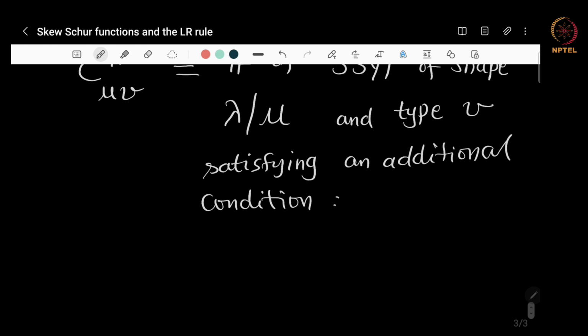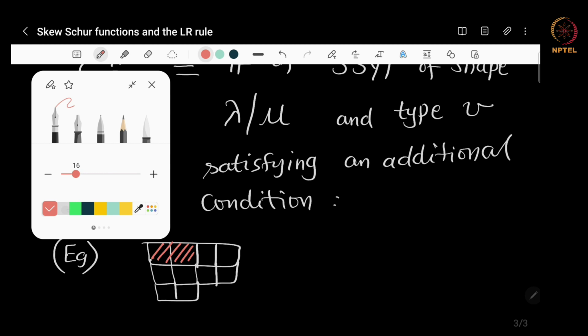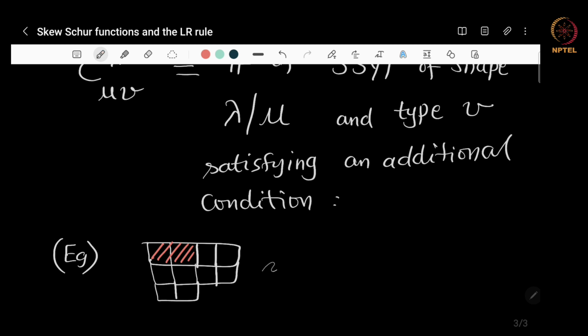It says that, so what is a semi-standard tableau? Let me just demonstrate it by example. So suppose I have, let's say this is our tableau, and this is our lambda, the outer shape, and I've got an inner shape mu, which maybe I will just assume is just this much. That's my mu. Now what I want is to take this outer shape lambda minus the inner shape mu and try to fill it up with numbers of type nu. That is, I should take nu1 1s, nu2 2s, and so on.